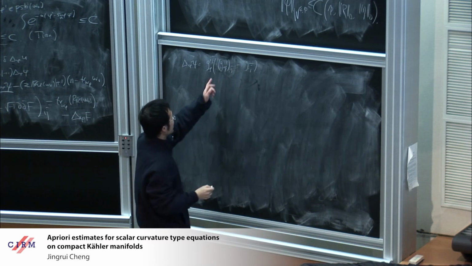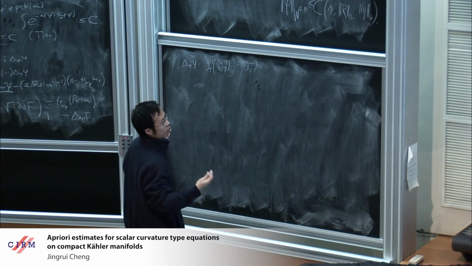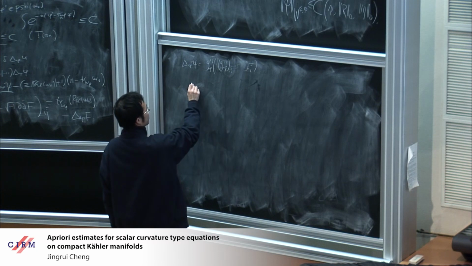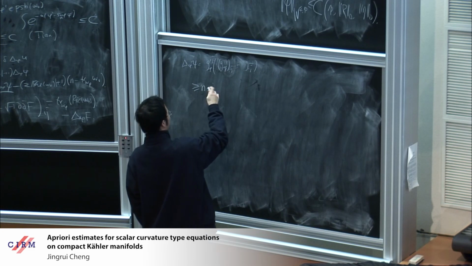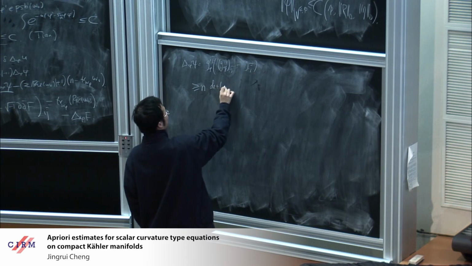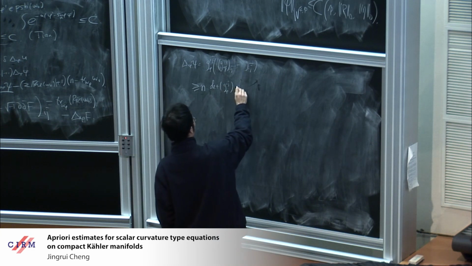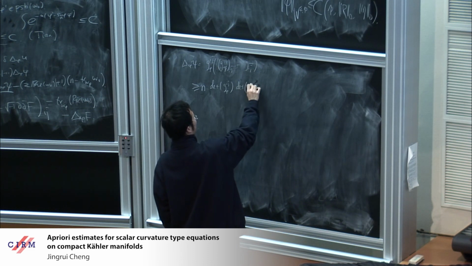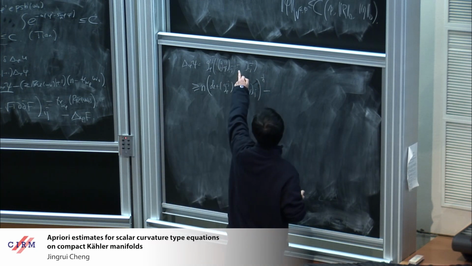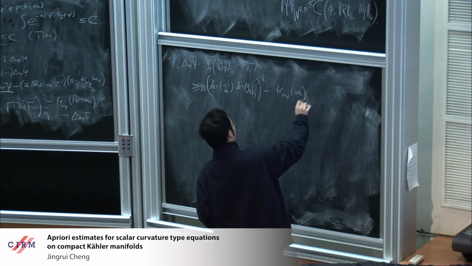So you get psi ij bar, and then you use the arithmetic-geometric inequality. This is bigger than or equal to n times the determinant of g psi ij bar to the power 1 over n. And this minus part is just the trace with respect to omega phi in terms of the background metric omega 0.